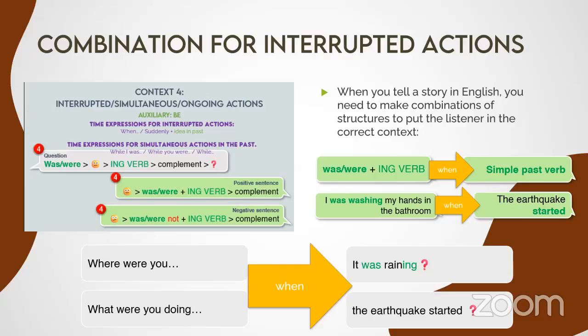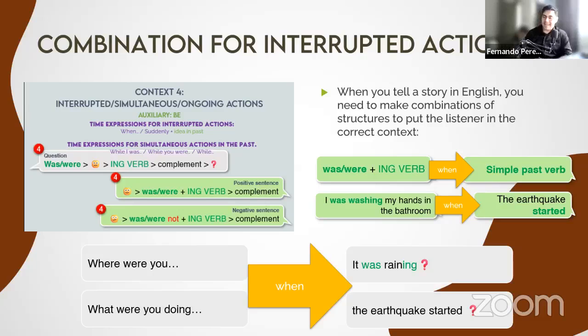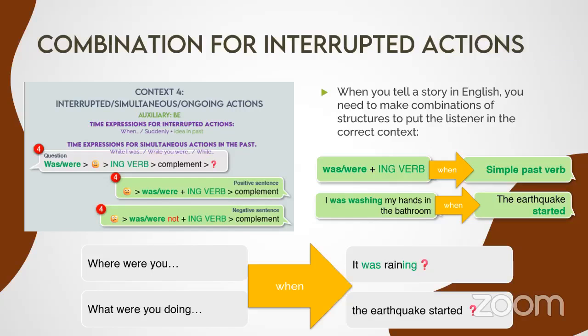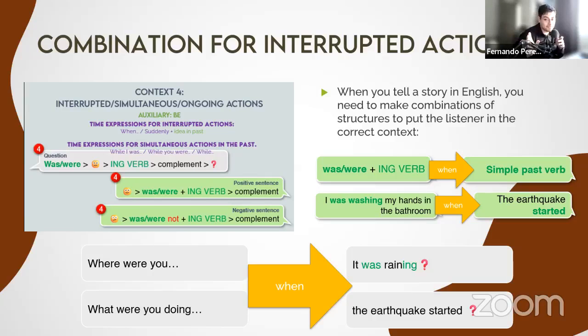She was telling me about my day. No, you cannot say she told me. The thing is, what was her activity at the moment you arrived? If you say she told me, that's perfect, but that's a different structure. What was she doing?